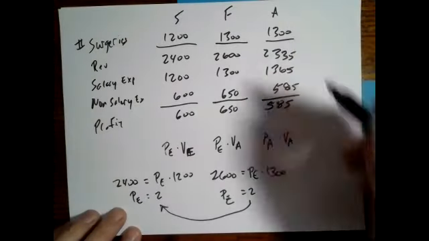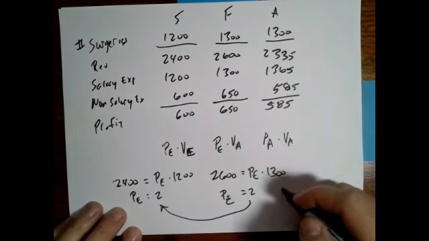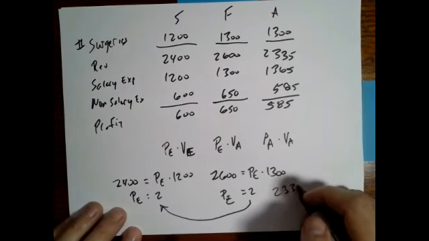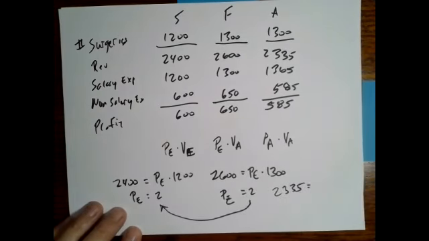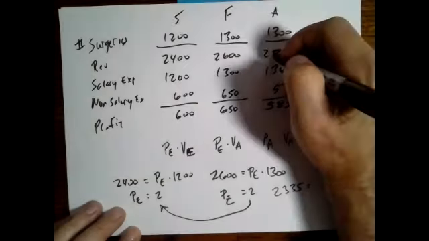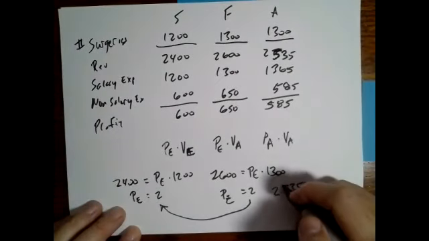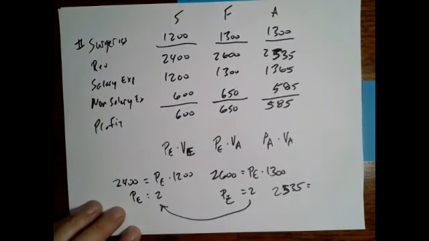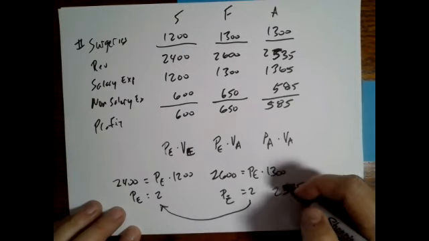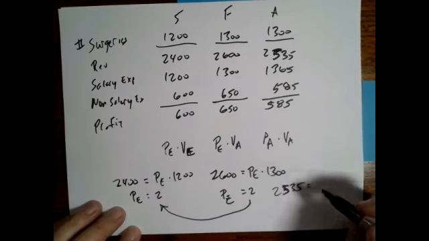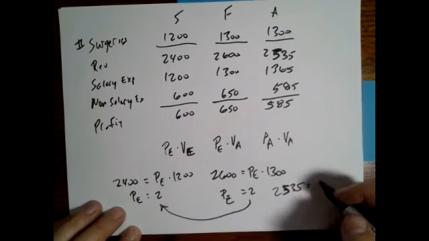And then finally, we have actual revenue of 2,535. Just making sure I copied everything down because I'm writing quickly. Okay, so our actual revenues are 2,535.